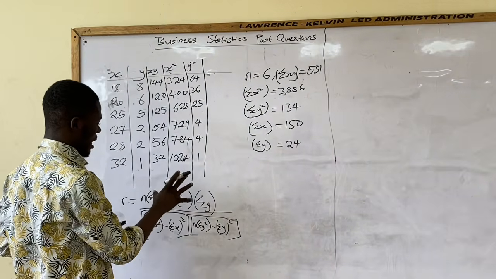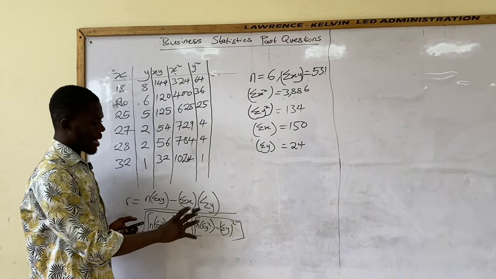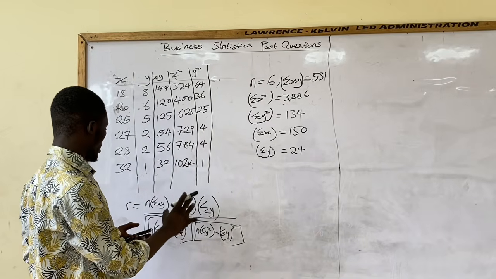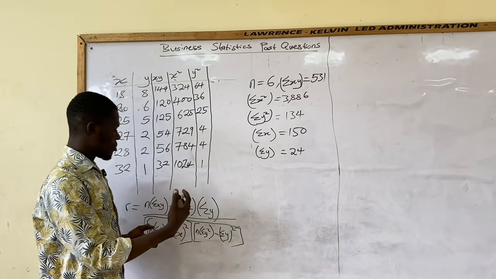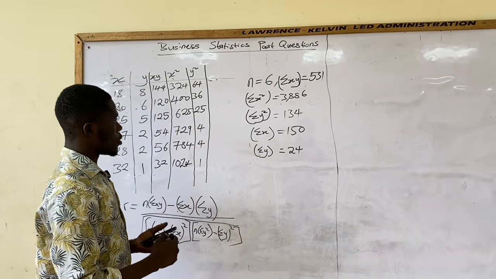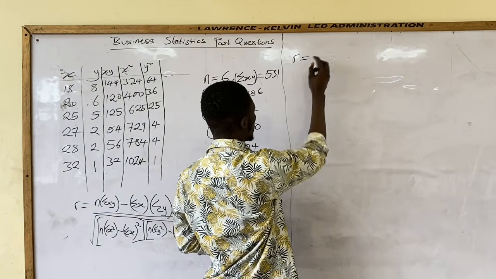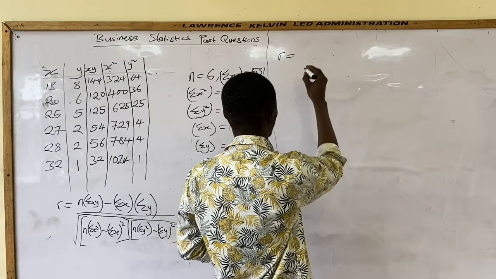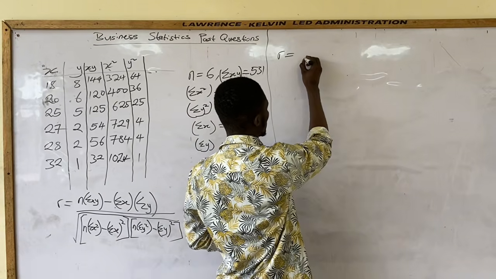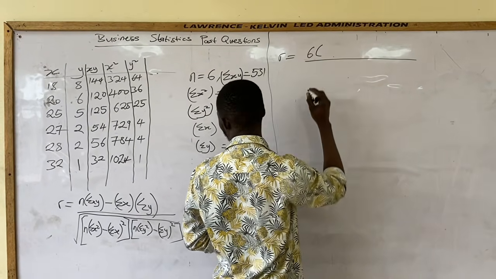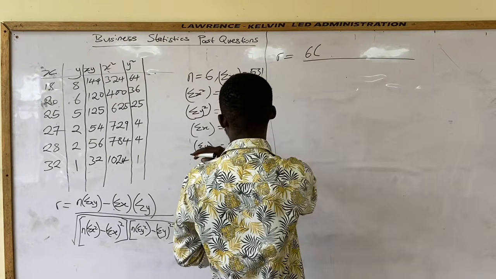Now let's substitute them into the formula and see the end result that we will get for the Pearson correlation coefficient. So our r is equal to, our n is 6 multiplied by sigma sy.